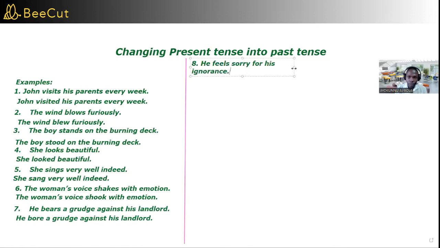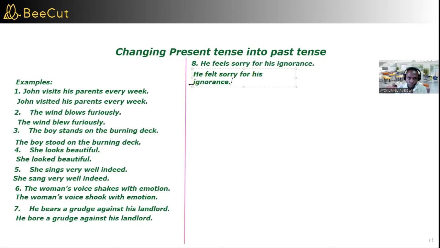He feels sorry for his ignorance, and it's going to change to past tense. The past tense of feel is felt. So that's going to become: he felt sorry for his ignorance.